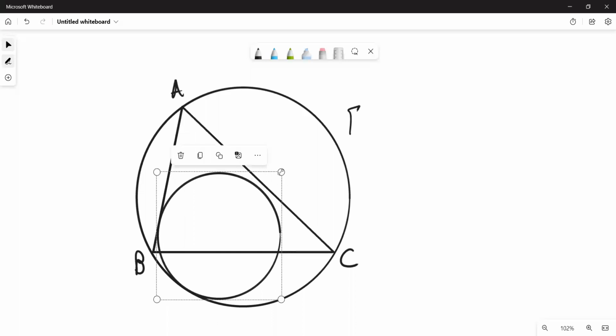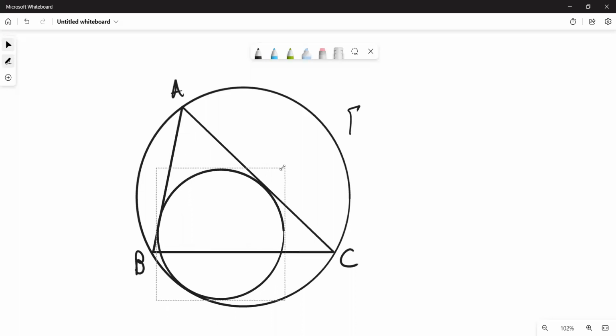This is omega. So it is tangent at the point P.